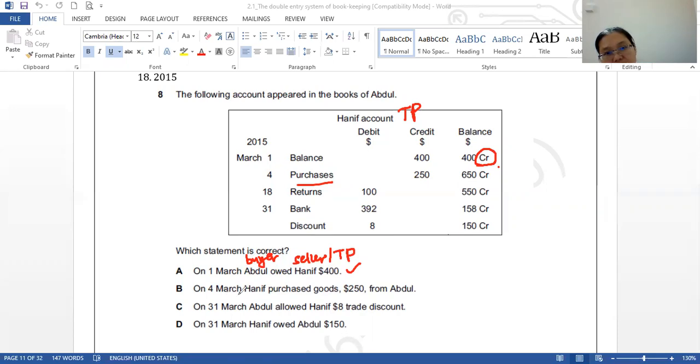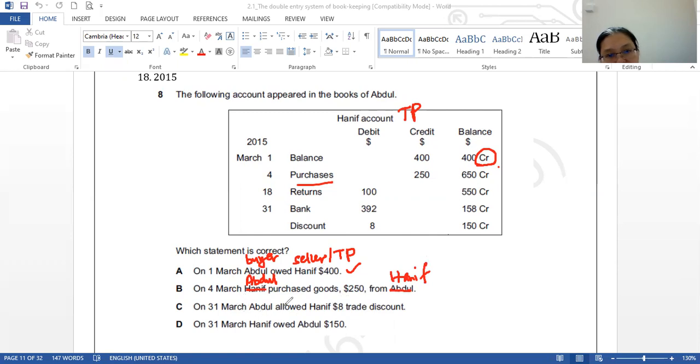Next, on 4th, Hanif purchased goods from, no, this one should be Abdul, and this one should be Hanif. On 31st, Abdul allowed Hanif $8 trade discount.